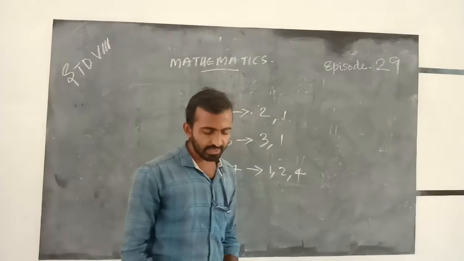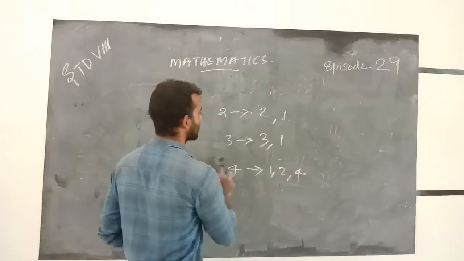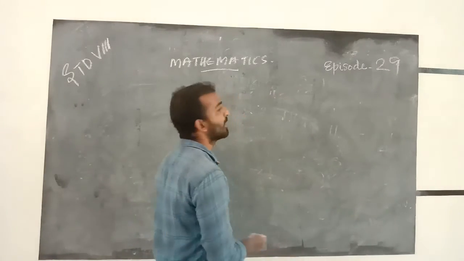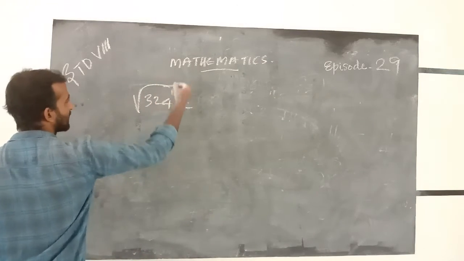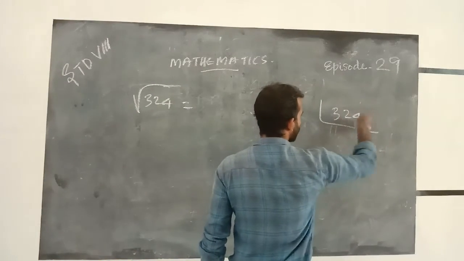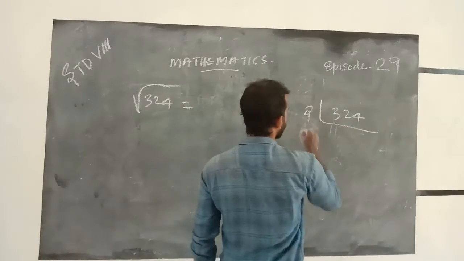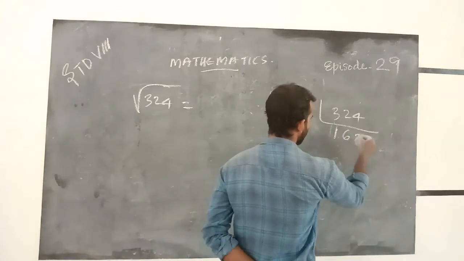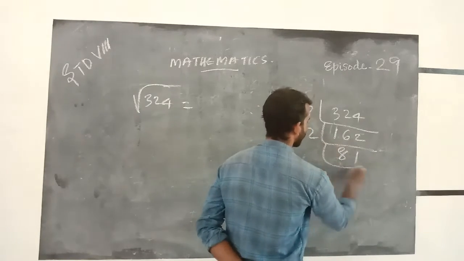When we get a number, we do the prime factorization for finding the square root. First, we want to find the square root of 324. First we look at 2 as a factor. 2 is a factor, so we can write 162. Again 2 is a factor, 81.